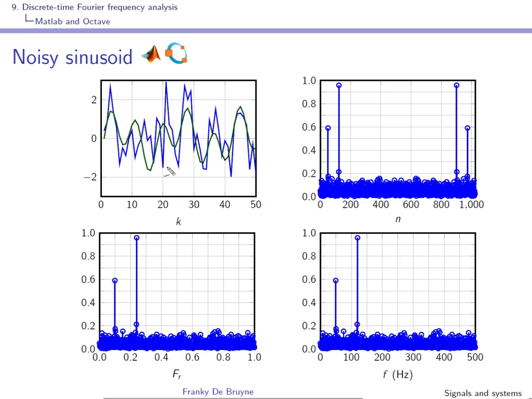So when you look at that signal, you can imagine that it is indeed the sum of two sines. But if you're given the blue signal, which is the green signal with this random noise added to it, well, it's difficult to imagine that it's the sum of two sines.